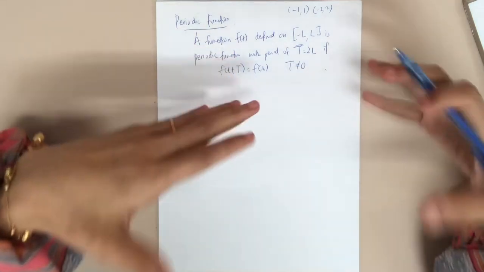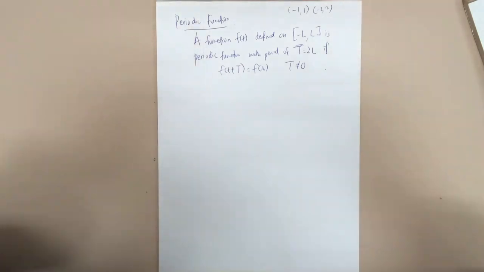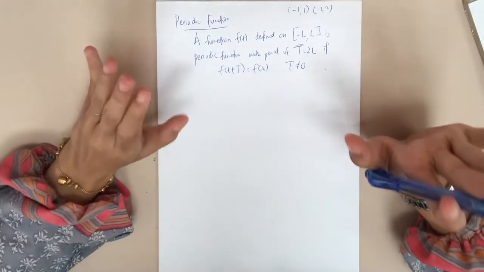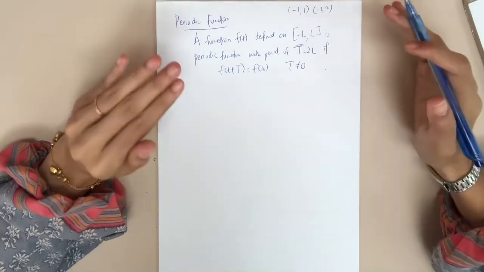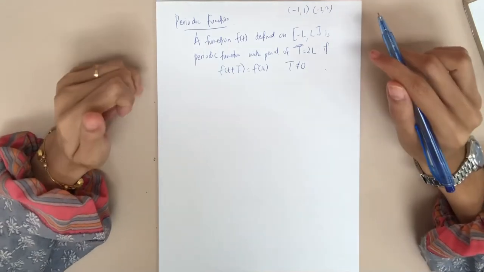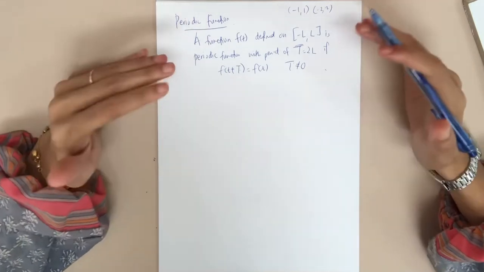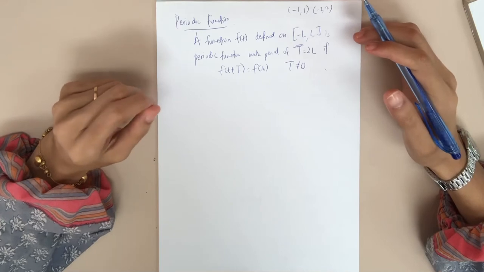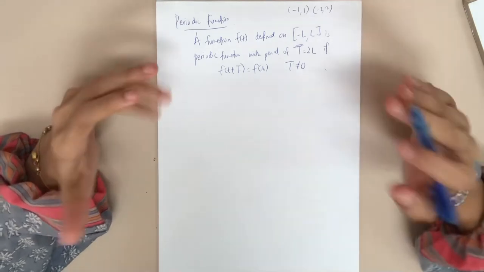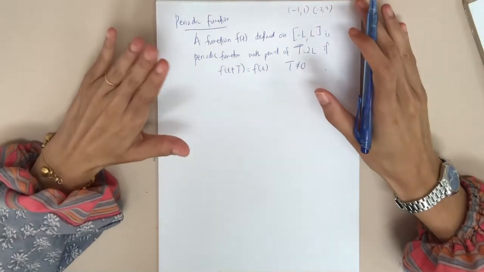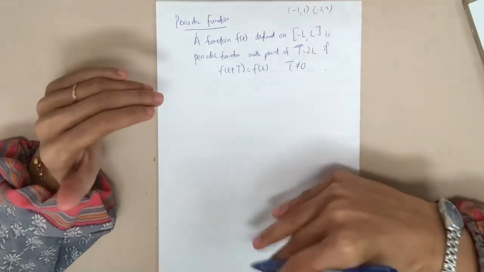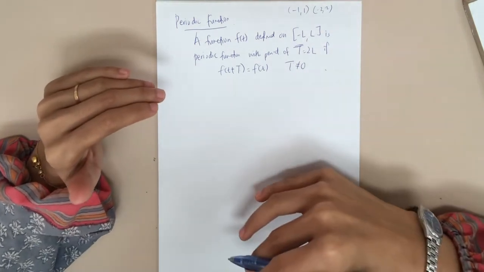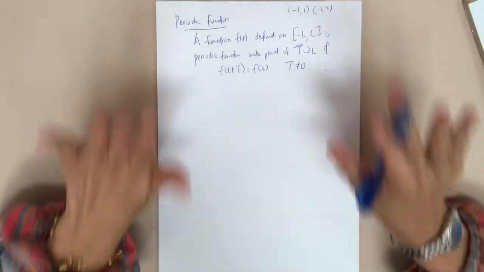Maybe you wonder what this is. For now, we just accept this meaning, because we have nothing to do with this definition yet. We will use it later on in the Fourier series. So that's it for this one.